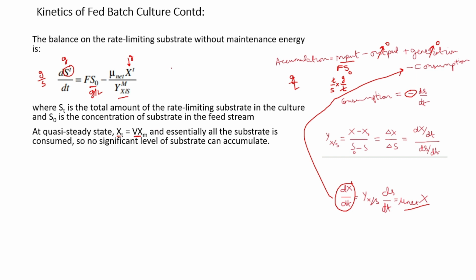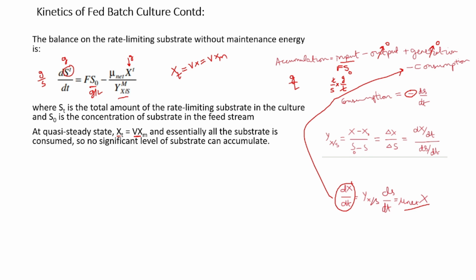Why? Because X^T previously, if you remember, was V into X. V is the volume of the fed batch culture and X is the initial biomass concentration. But in quasi steady state, what have we assumed? We have assumed X to be equal to Xm, so it becomes V into Xm.